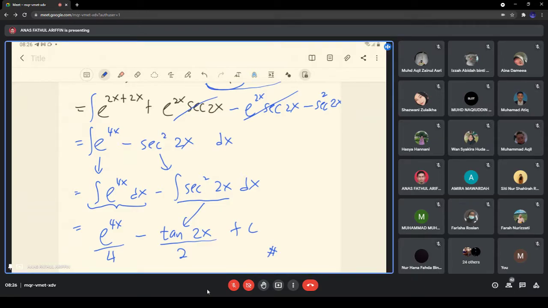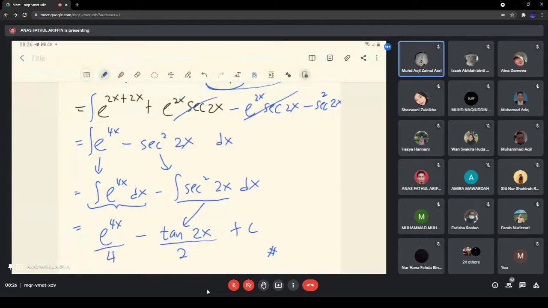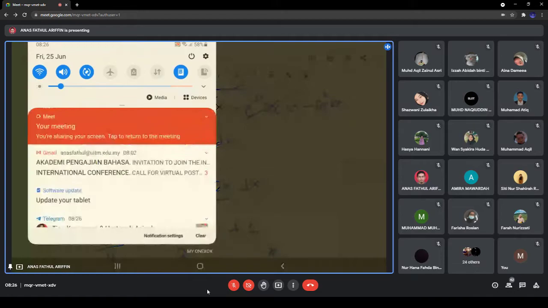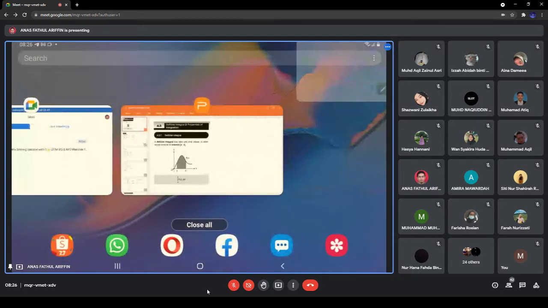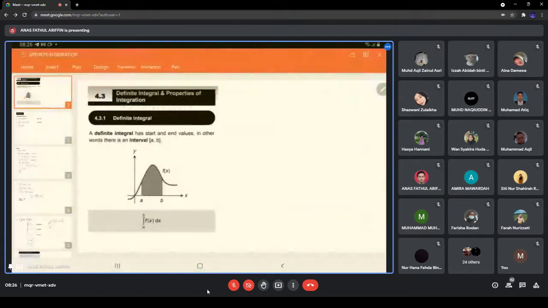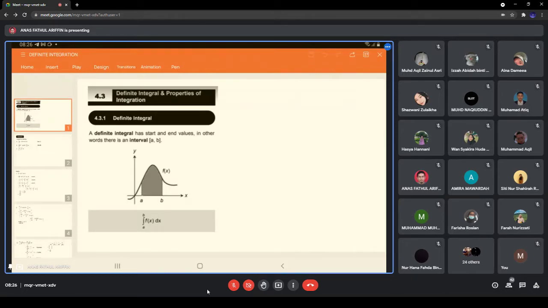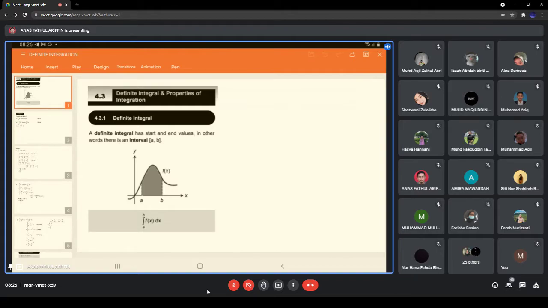Okay. Yang lain ada soalan lain lagi ya? Tak ada sir. Okay. Tak ada, insyaAllah. Hari ni kita masuk topik yang baru sikit. Okay. Sebelum ni we have integration at infinity.